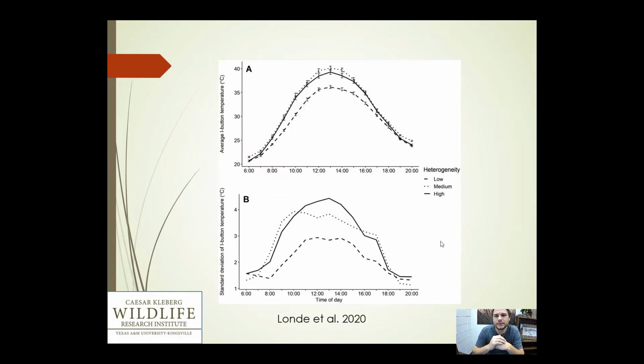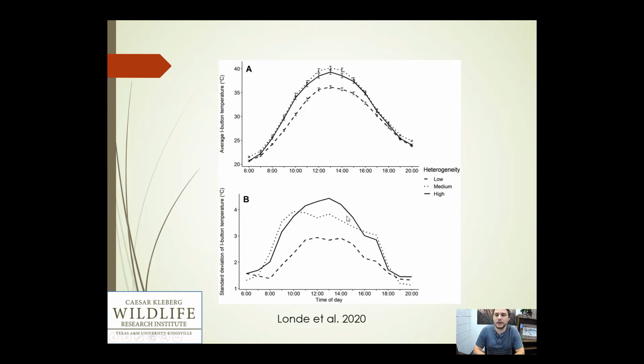So what we can do is look at different landscapes with varying levels of vegetation heterogeneity, and measure the thermal options on those landscapes and see that areas with high and medium levels of vegetation heterogeneity have not only greater ranges of temperatures throughout the day, but also on the bottom we have the standard deviation of temperatures, and we can see that variability of these thermal options are greater in areas with high and medium levels of vegetation heterogeneity.